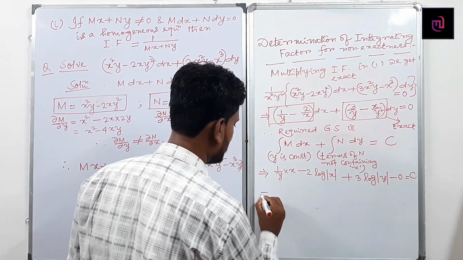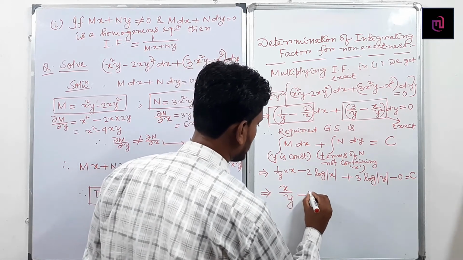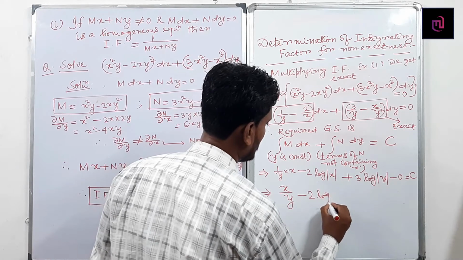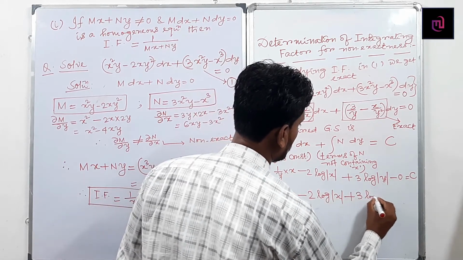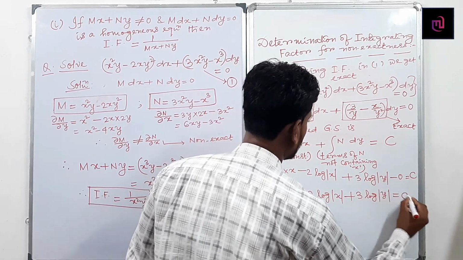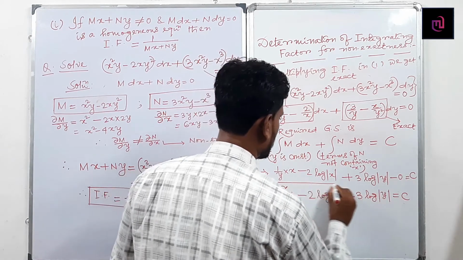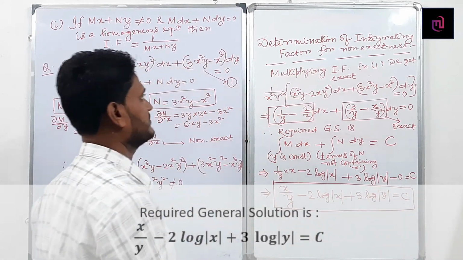Finally x by y minus 2 log mod x plus 3 log mod y equals to c. This is the required general solution of the given differential equation.